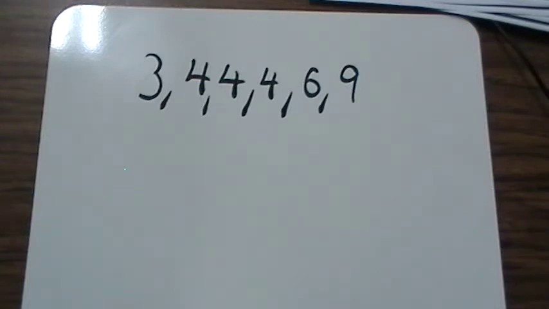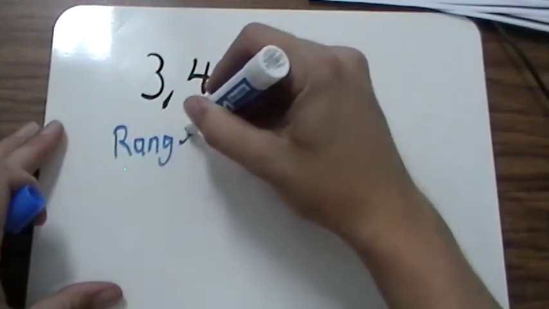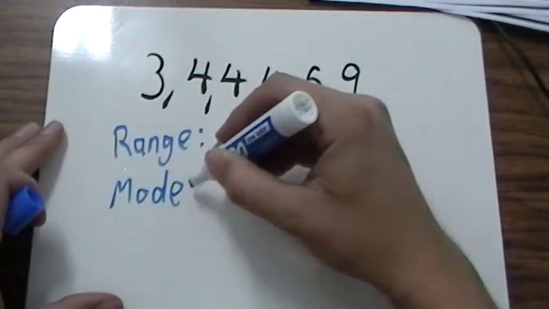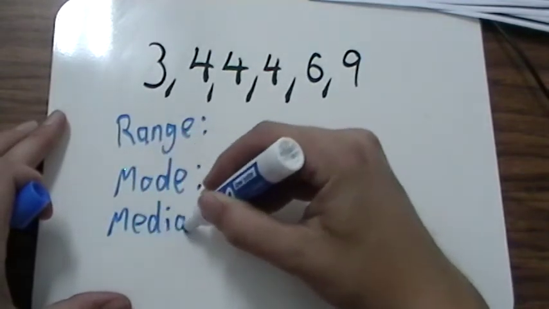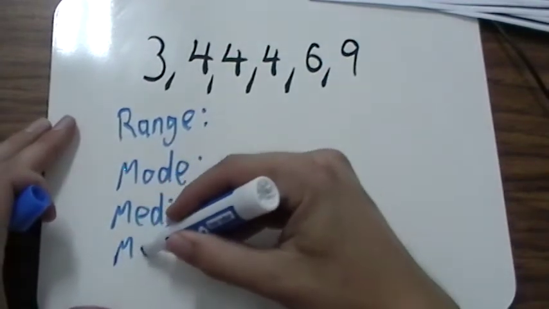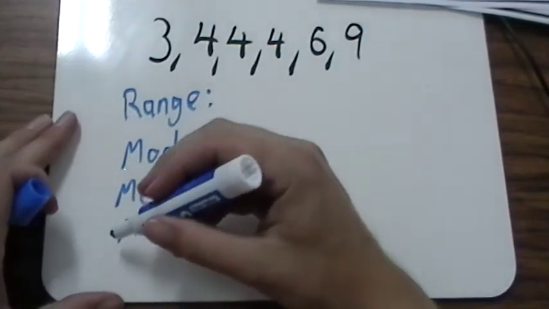Now I want you to tell me 4 different things: the range, the mode, the median, the mean, and I want you to tell me one more thing, the outlier.